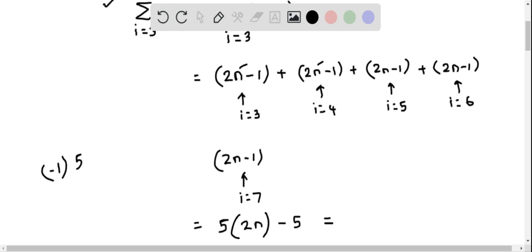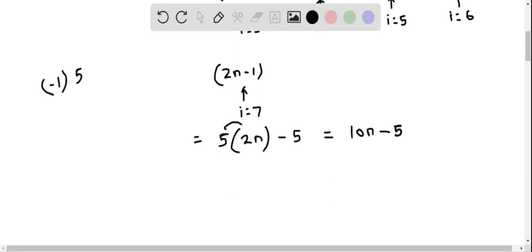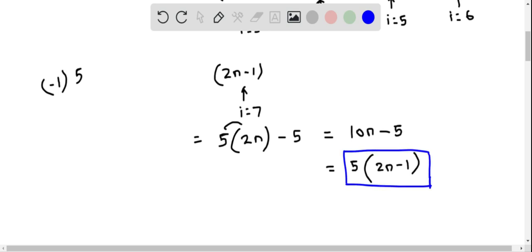Now let's simplify this. 5 times 2n is 10n minus 5. Or even if we factor 5 from this expression, we get 5 times 2n minus 1. So this is the sum of the given expression when i goes from 3 to 7.